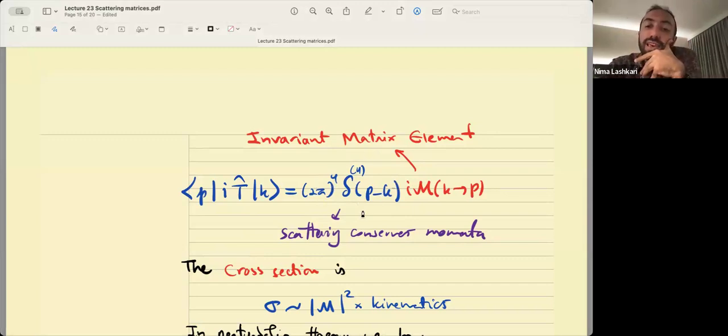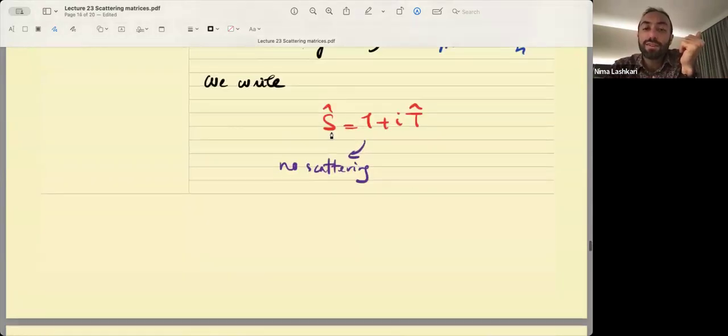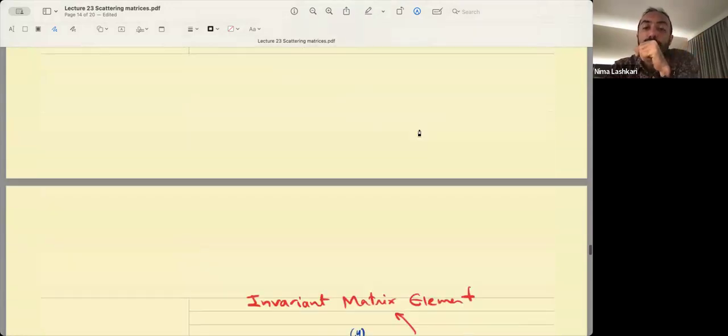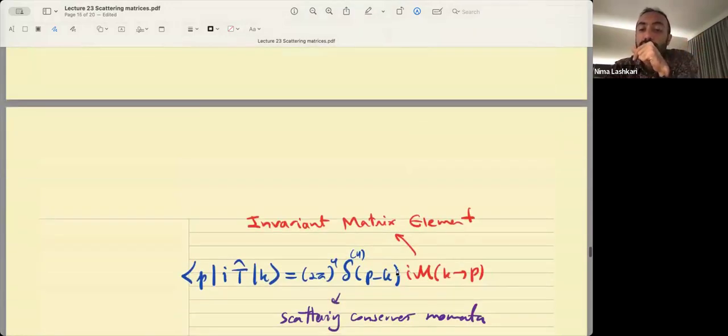So it's convenient to take this factor out and then define i M of k to p. This is called the invariant matrix element, right? So instead of talking about the S matrix, I can talk about the T matrix, and instead of talking about the T matrix, I can talk about the invariant matrix element.